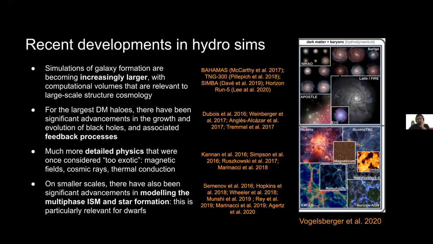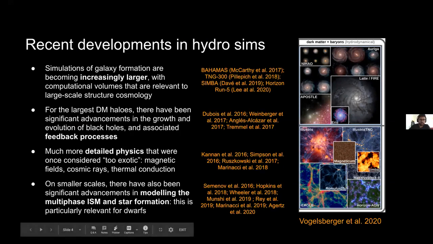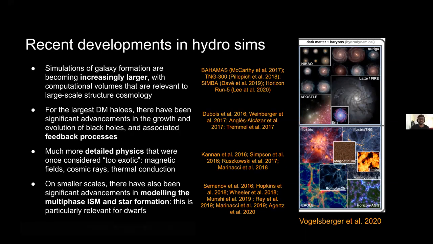Now, in recent times, there have been quite a lot of significant advances when it comes to modeling hydrodynamical simulations. There's a great review by Mark Vogelsberger recently, which describes some of these advances. Amongst the chief improvements of late are that these simulations are now reaching much greater volumes, on a scale that is relevant to the goals of large-scale structure cosmology.